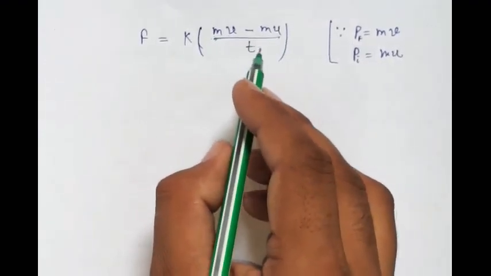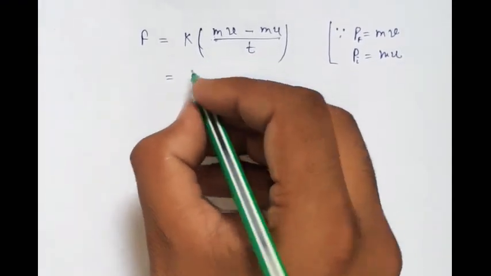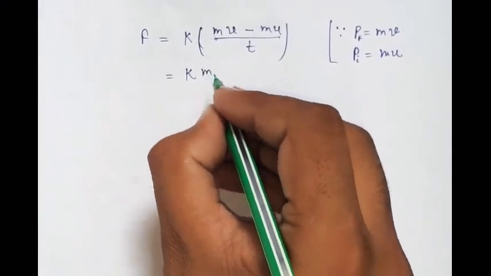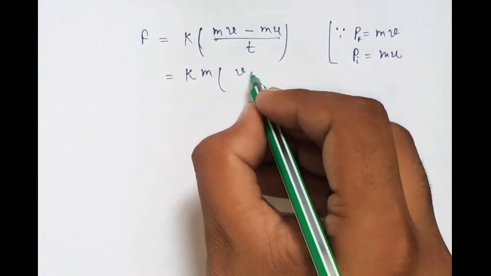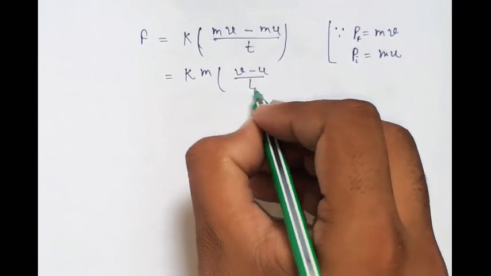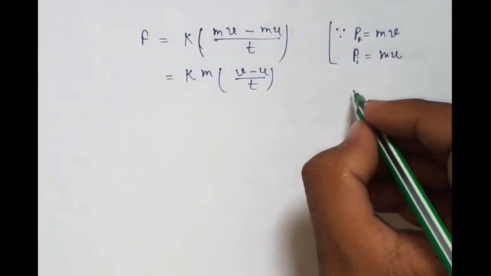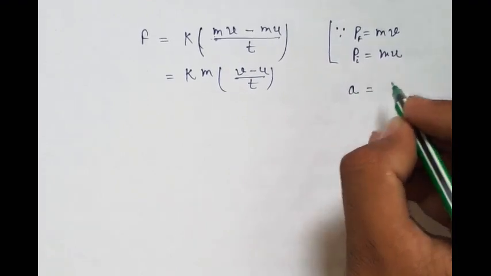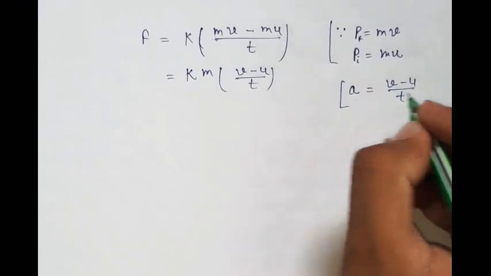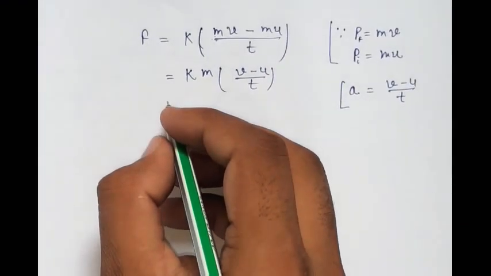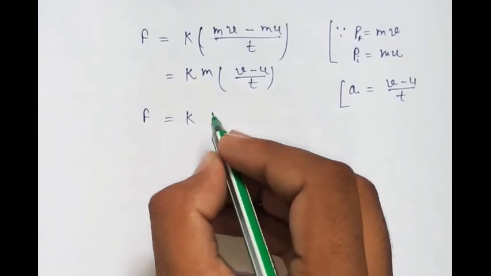Because the object has the same mass, we can take it as common, then (v minus u) upon t. But we know that a is equal to (v minus u) upon t because it is acceleration. So we can write it as F is equal to k multiply a.